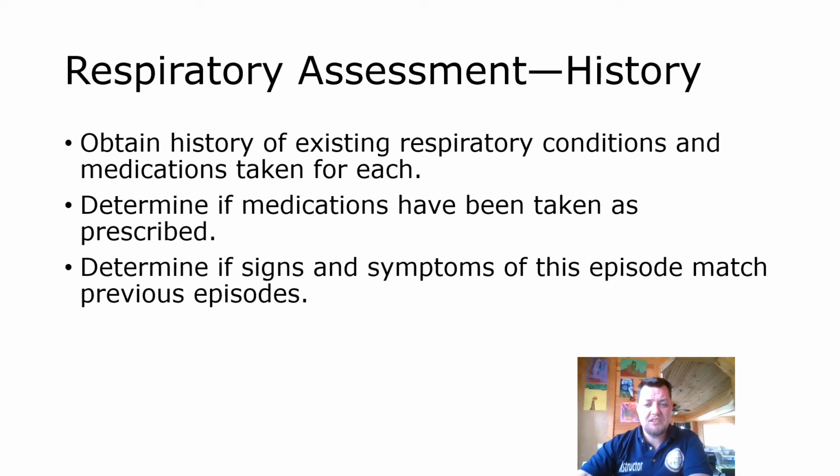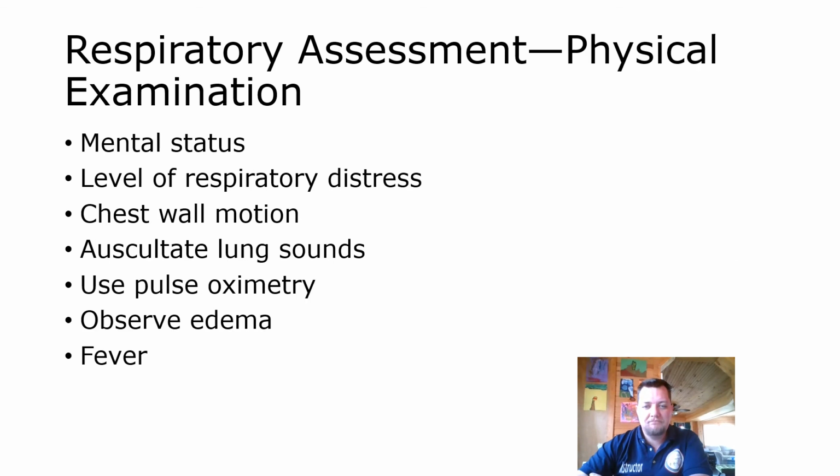Determine if the medications have been taken as prescribed, and determine if the signs and symptoms of this episode match previous episodes. Because then it gives you an idea of where that patient is and how that patient is progressing, or we can start treating that based on those previous episodes.